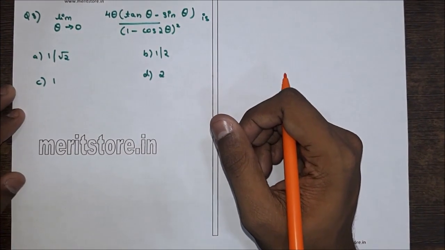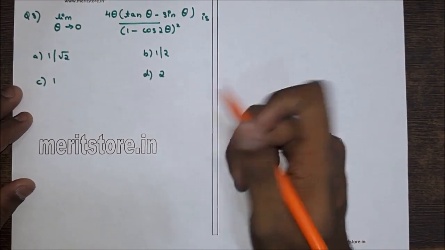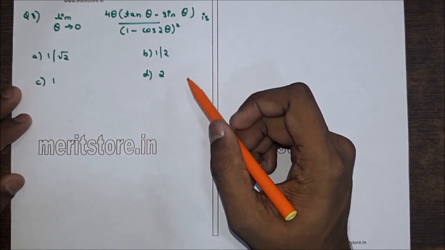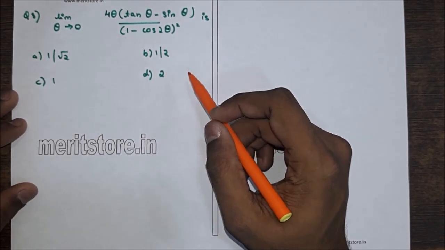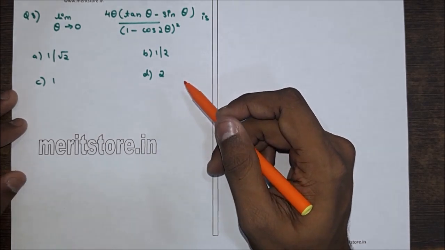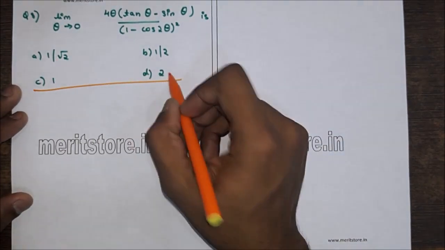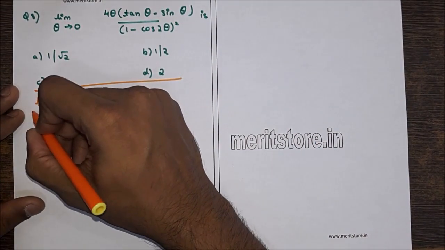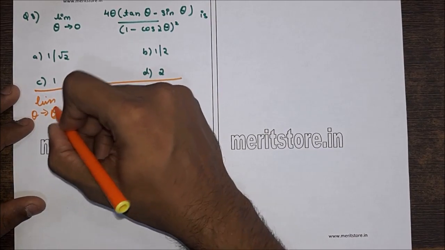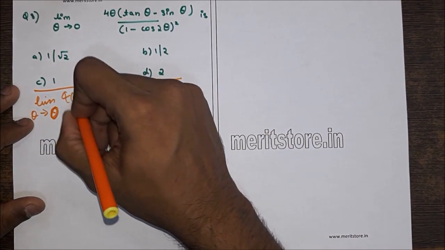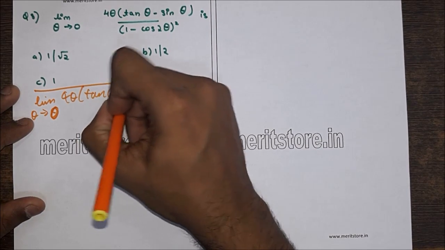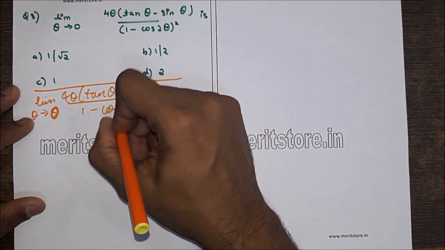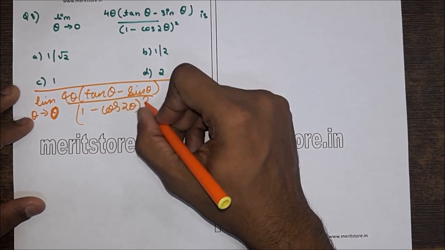Limit of theta tends to 0, 4 theta into tan theta minus sin theta upon 1 minus cos 2 theta the whole square is A 1 by root 2, B 1 by 2, C 1 or D 2. Therefore, we write this as limit of theta tends to 0, 4 theta tan theta minus sin theta upon 1 minus cos 2 theta the whole square.